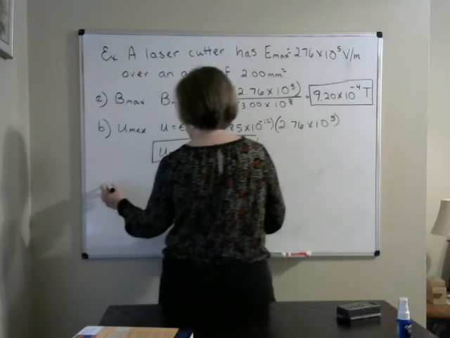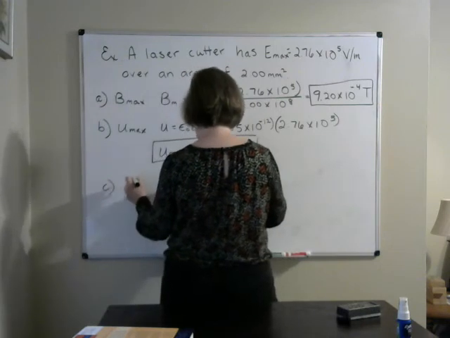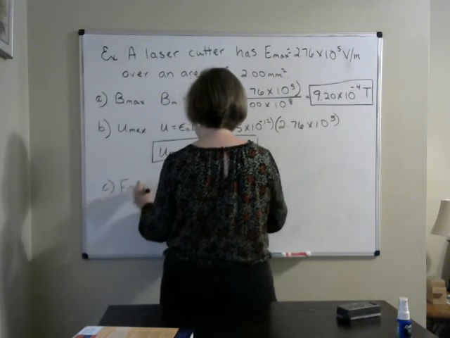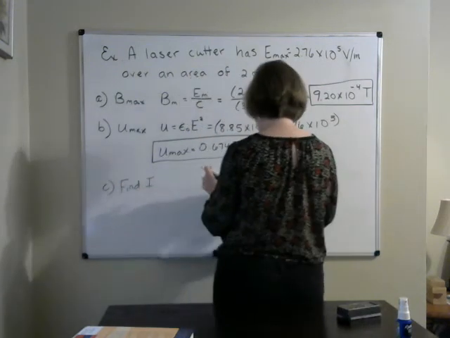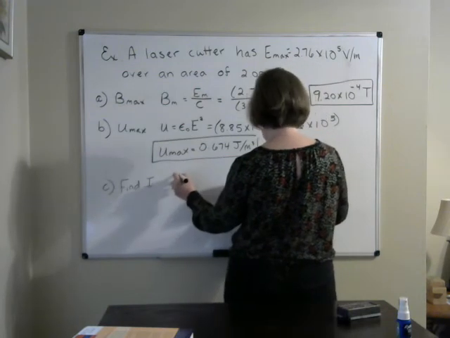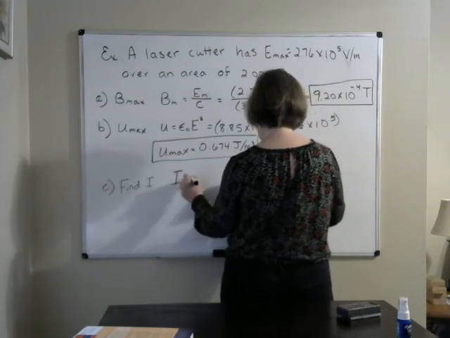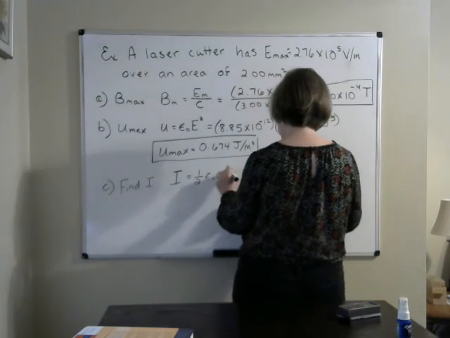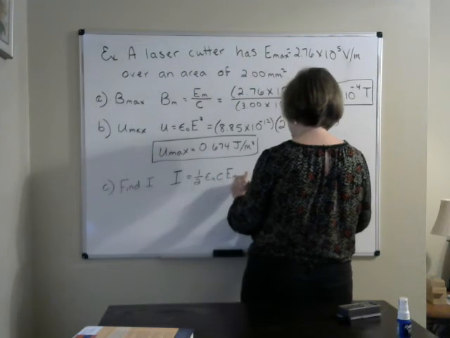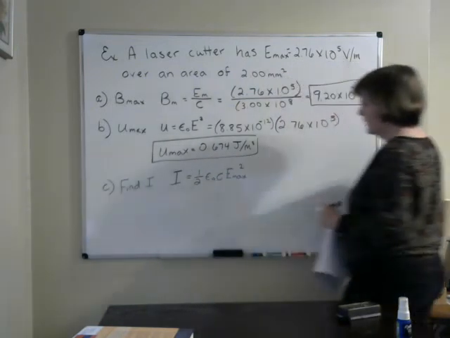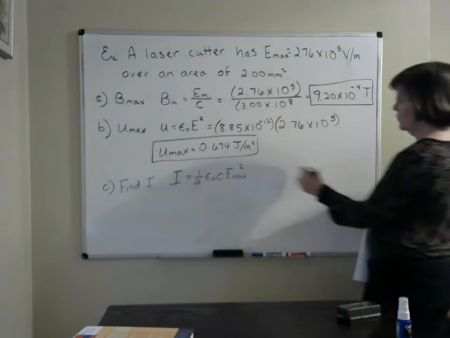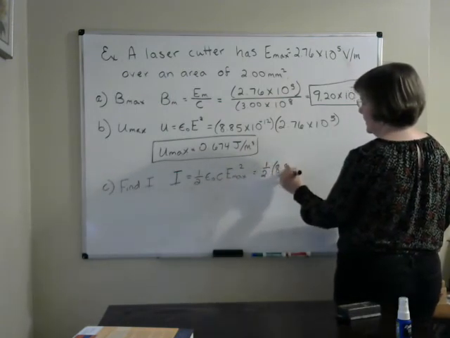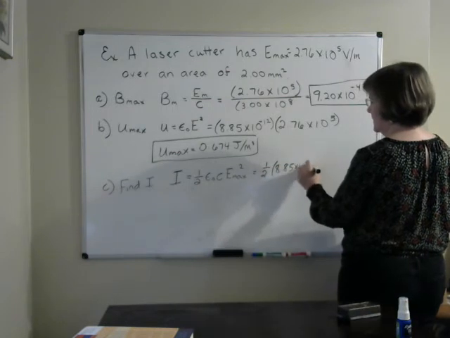Part C asks me to find the intensity. Our intensity formula, they had a couple of them, but one of them was 1/2 epsilon naught C E max squared. We know all of those quantities, so that seems like a good choice. 1/2 epsilon naught is 8.85 times 10 to the negative 12.